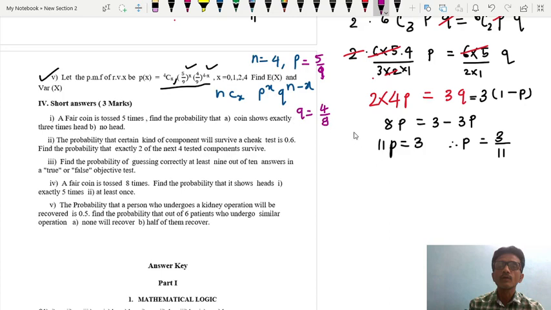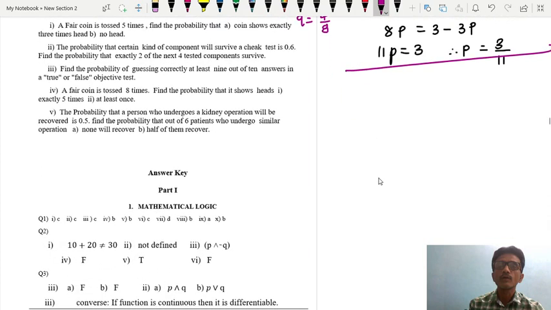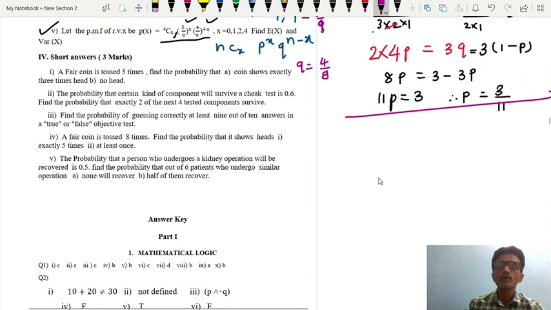So what to find here, Ex and Vx find करना है. Yes students, Ex and Vx is to be find out here. Here n is equal to 4, probability p is equal to what, 5/9, and probability of failure q is equal to कितना है, 4/9.